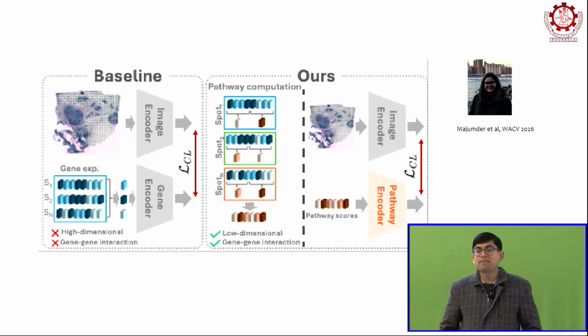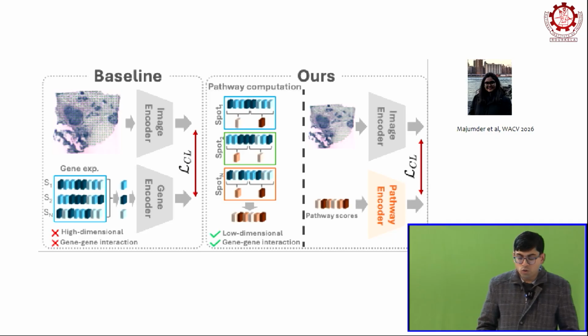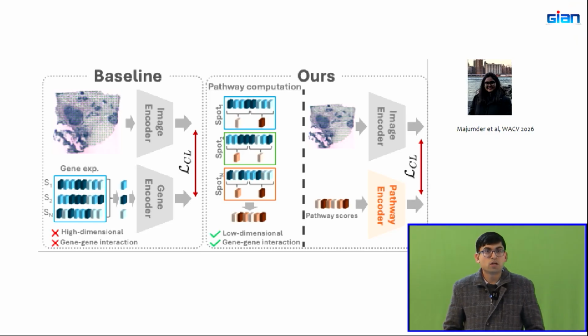There are a lot of baseline methods where you have image encoders and then gene encoders. You'll see that there are a lot of tools and techniques out there that have used transformer-based backbones to encode gene representation.